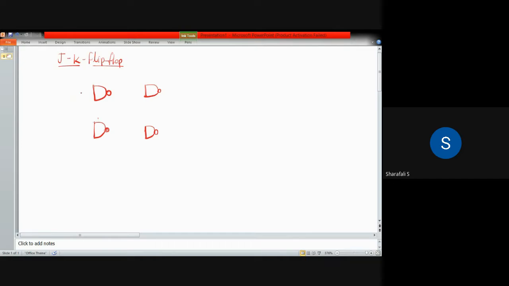And there are two inputs first, J and K. Then we have the clock. This output is set to this.